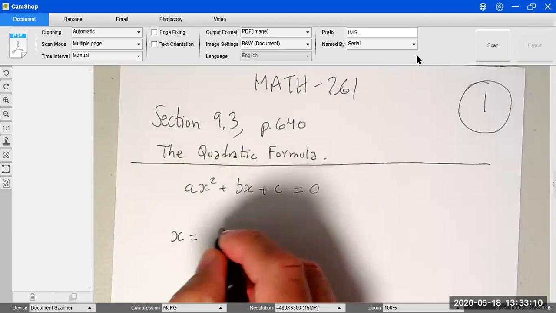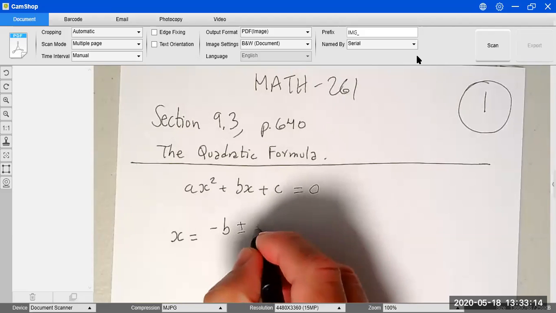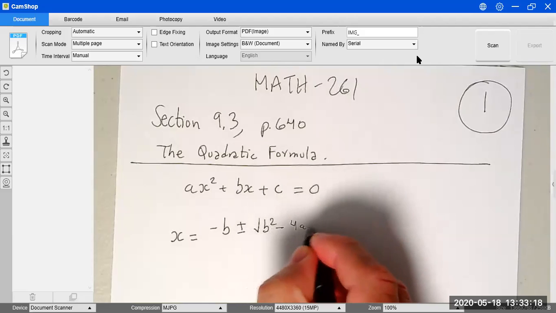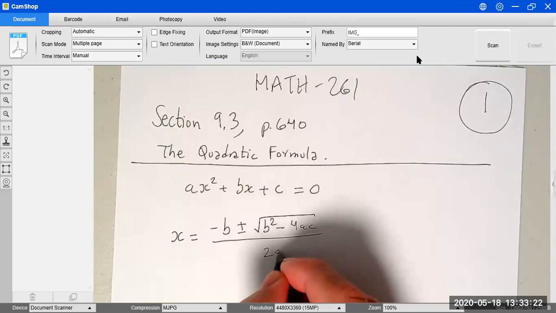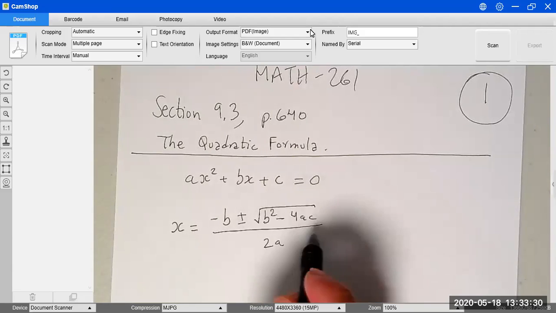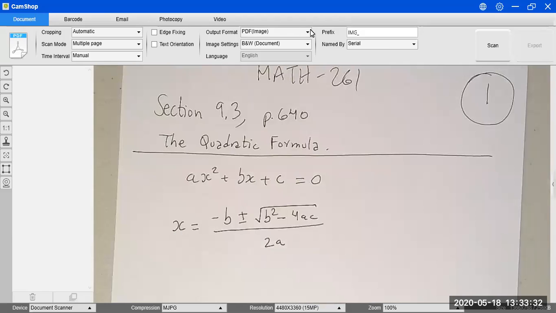two solutions. So the formula is minus b plus minus square root of b squared minus 4ac and everything over 2a. Usually I like to break this fraction into parts, and in that way the students make fewer mistakes.